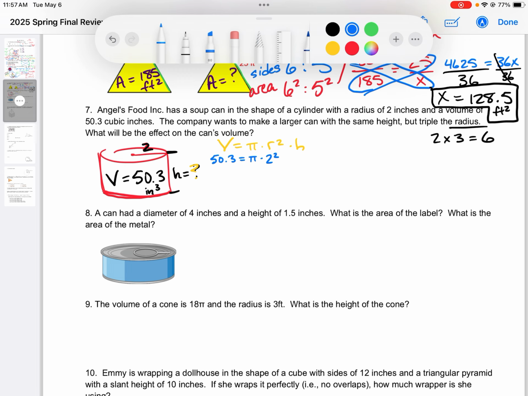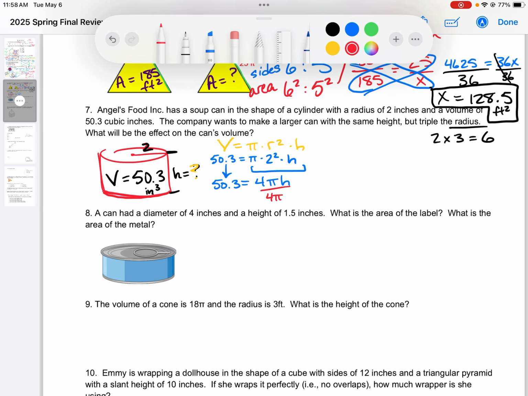And then we're going to plug in the numbers we know. We know the volume is 50.3. We know pi is pi. We know the radius is 2, and h is unknown. And so on this side, we can simplify this by multiplying everything out, and we get 4 pi h. On this side, we still have our 50.3.